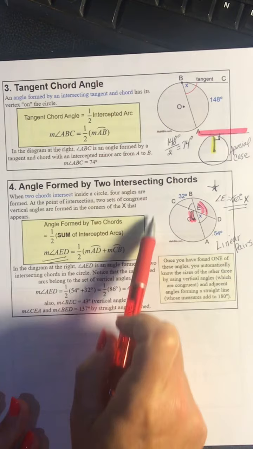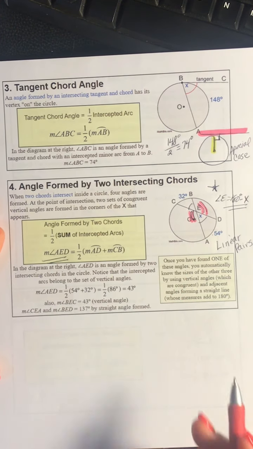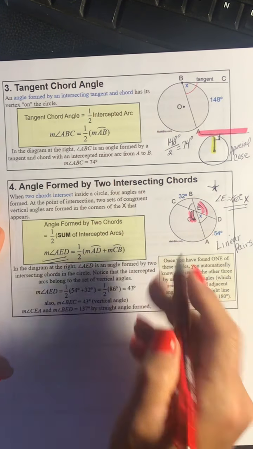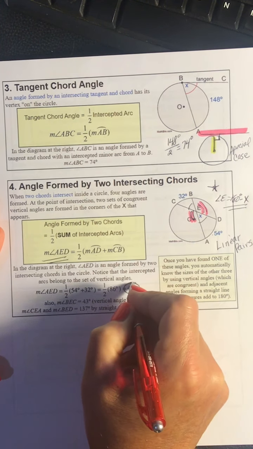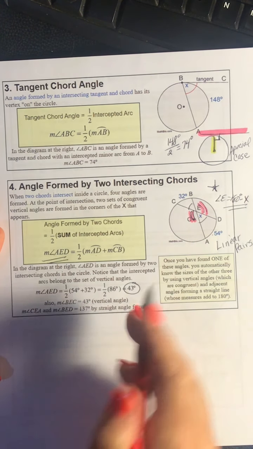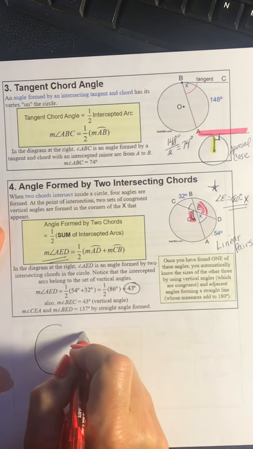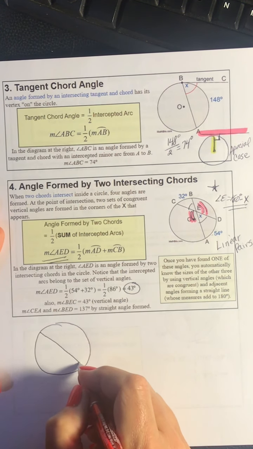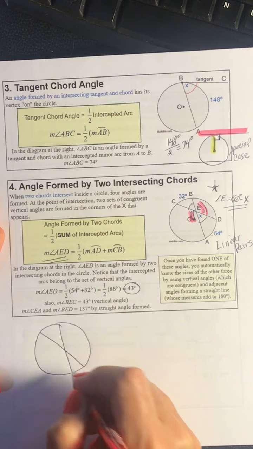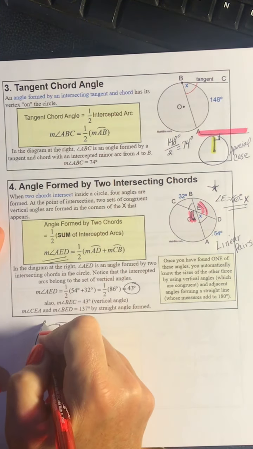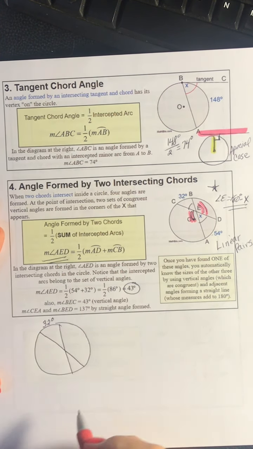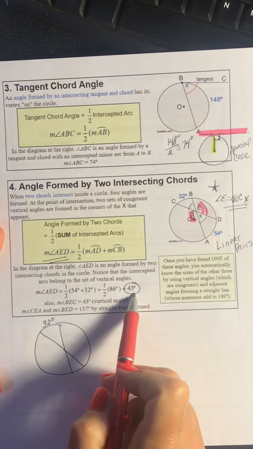So I'm going to take this example and we're going to say, hey, let's pretend, since we already know that this angle measure is 43, they're going to give you a problem that looks more like this. Where they're going to give you this is 32. This angle we know is 43.